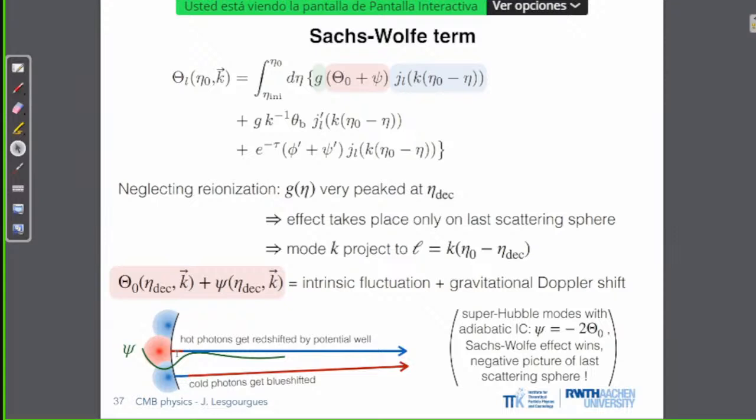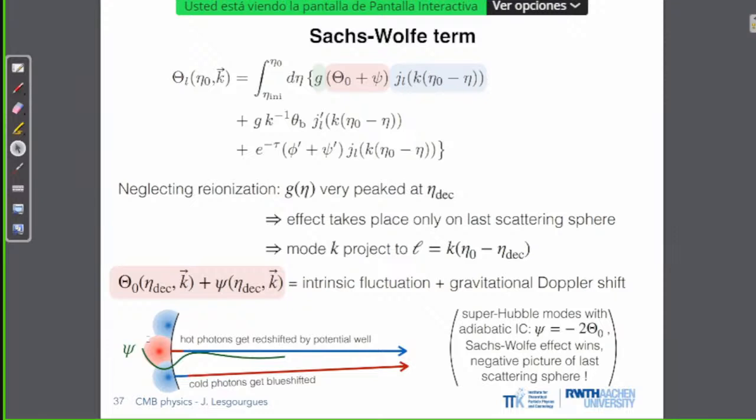So schematically here, I look at a photon coming from this hot region, and so when it leaves the last scattering surface, it's hotter than the average. But in this overdensity, there is a gravitational potential well, and it needs to climb out of it, losing energy and becoming colder, which is why I turned the line into a blue line.